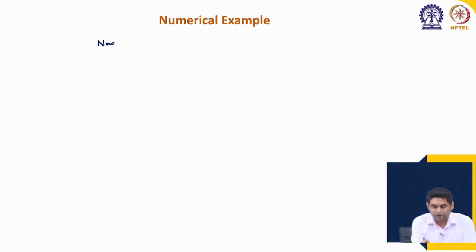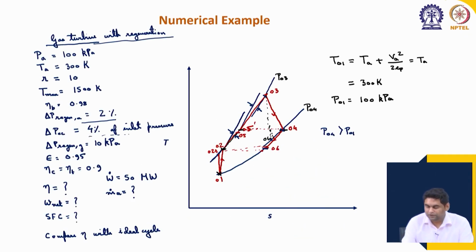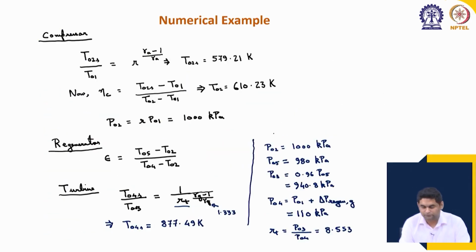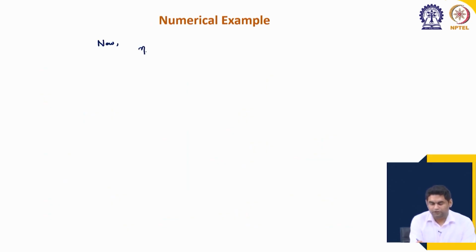It is defined, in terms of these parameters, as T03 minus T04 by T03 minus T04S. So, isentropic efficiency of turbine is T03 minus T04 by T03 minus T04S.